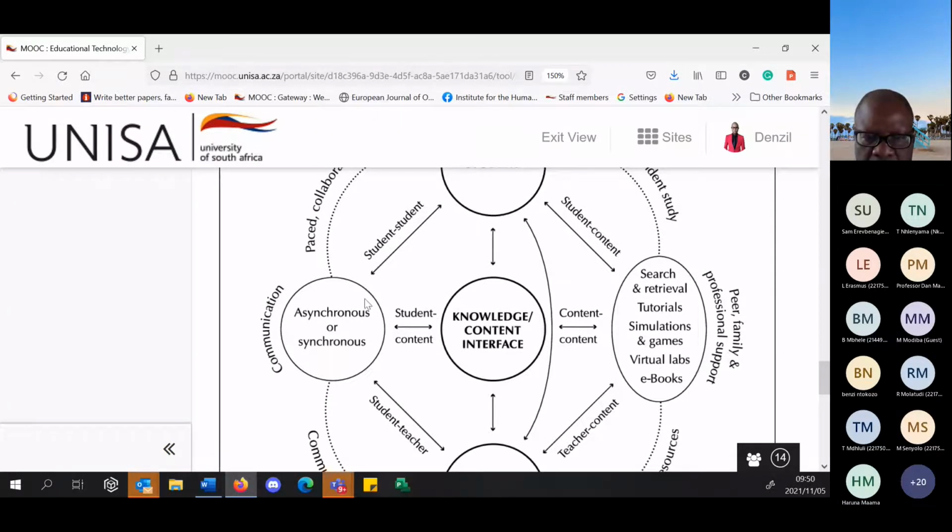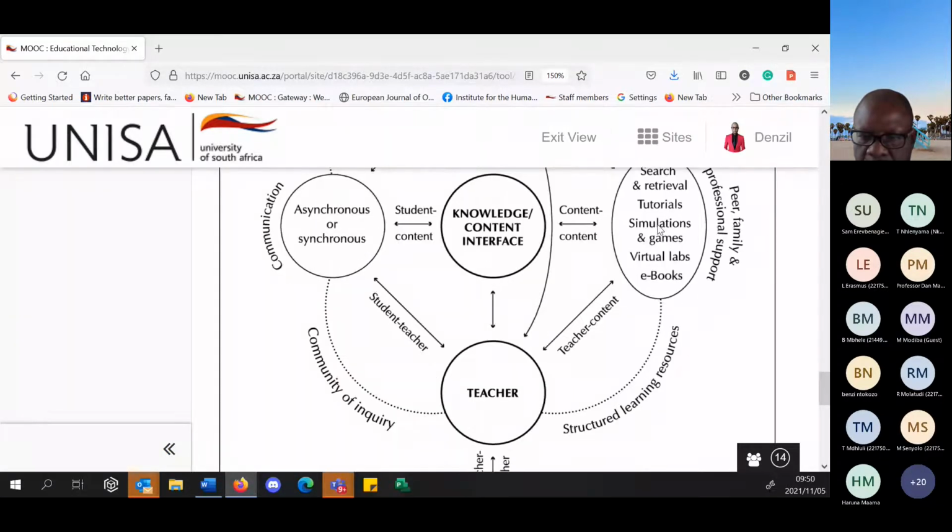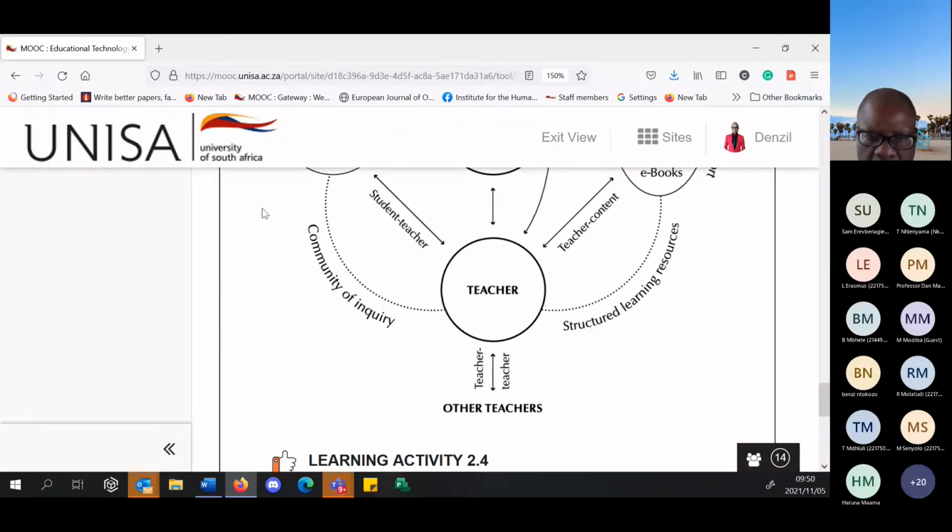This concept always comes out. And if you read the 2021 Horizon reports, COVID-19 has forced us to really foreground these issues of asynchronous and synchronous technologies, right? And then also simulation environments, specifically in the natural sciences, virtual labs, communities of inquiry, extension beyond the classroom to now online spaces, and then structured learning resources, which we will talk about a little later.